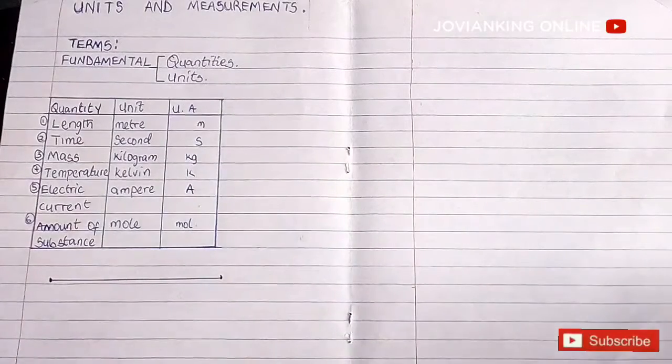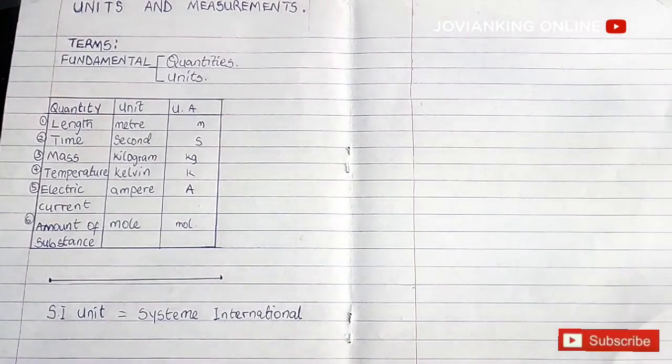So we have electric current, current in an electric wire, and so on. Then amount of substance, which is normally used when you are measuring liquids, and maybe in chemistry. Moles, amount of a substance, and so on.